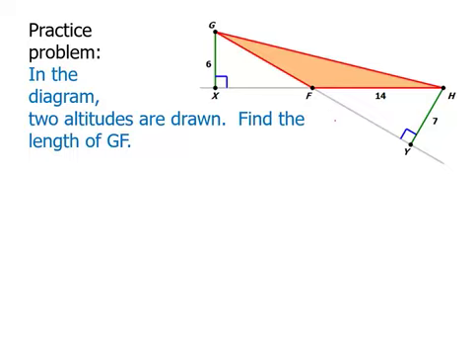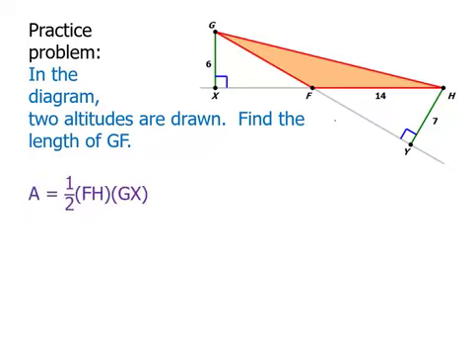And so GX is an altitude and FH is a base. We also have extended line GF and drawn altitude HY. And so HY is an altitude and GF is a base. So we have two different ways of figuring out the area.